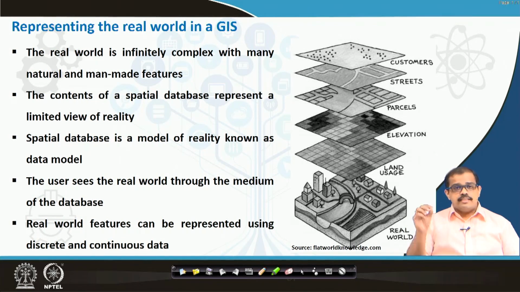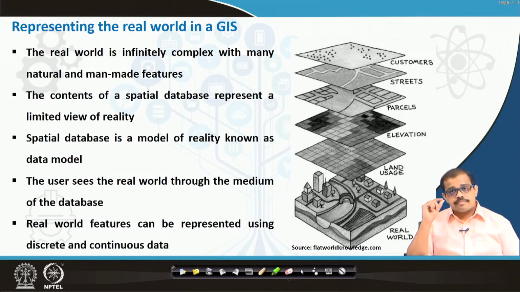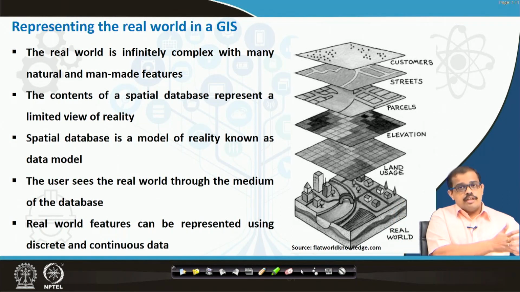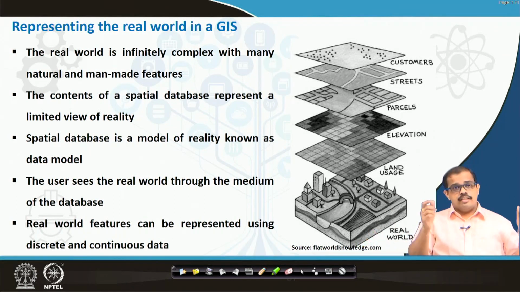The user sees the real world through the medium of a database. The database is the heart and muscle of your entire system. Without a database, your data model does not exist, nor does your real world. If the real world has to be transformed into a data model, you need a database, otherwise you cannot retrieve any information or do any quantitative or qualitative analysis.